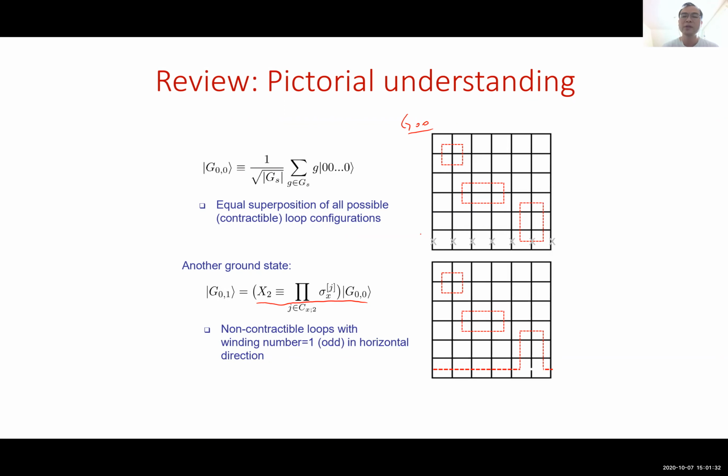You apply these X's indicated here. That flips 0 to 1, so there is a 1 here and 1 here, and this 1 here gets flipped to 0. So therefore the loop becomes a non-contractible one along the horizontal direction.